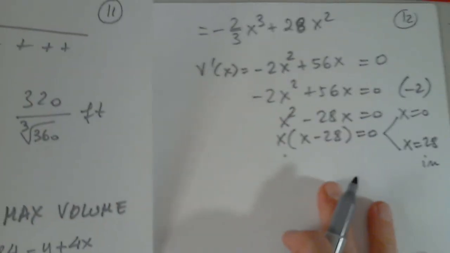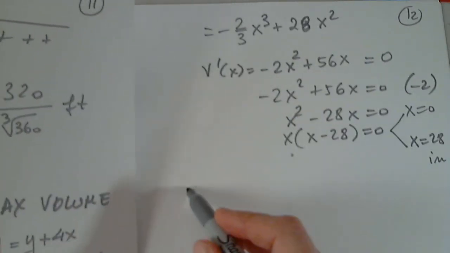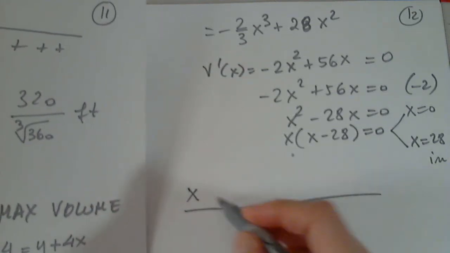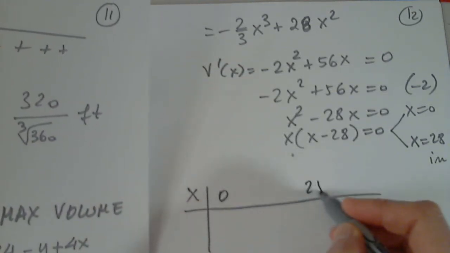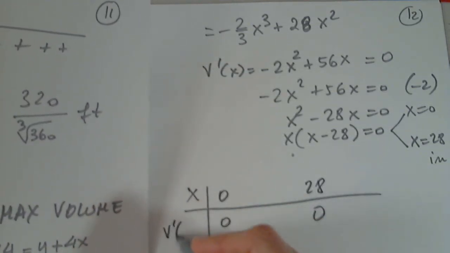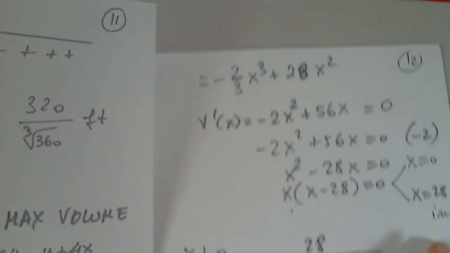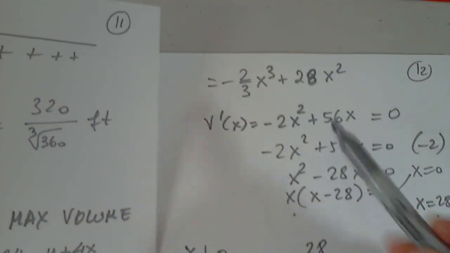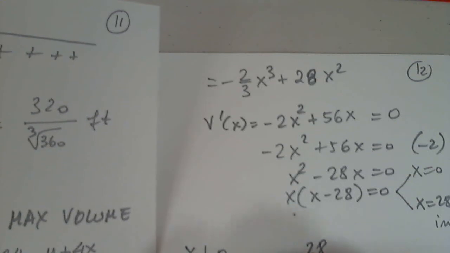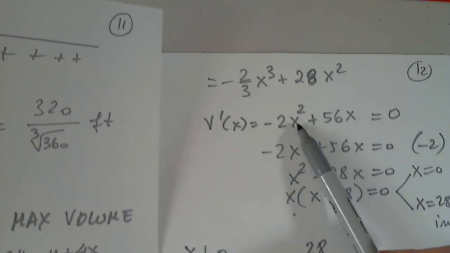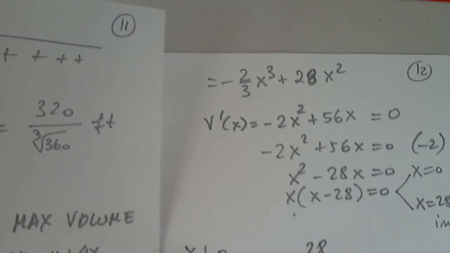So I have to study the sign of the derivative. So this is x, and 0 here, 28 here, and V prime. When I study the sign and I plug in, let's say, 1 in between, it's going to be positive.